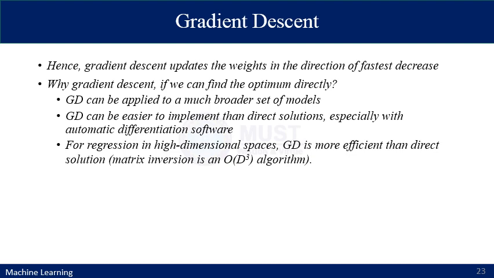For regression in high-dimensional spaces, gradient descent is more efficient than the first method or the direct solution method. Matrix inversion in the direct solution method is a big O of d cube algorithm. However, there are some problems associated with gradient descent which are not part of this lecture, and we will cover those problems in a separate lecture. We will explore more about the working of gradient descent.